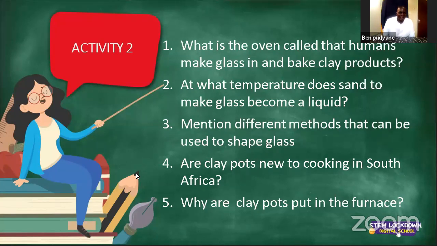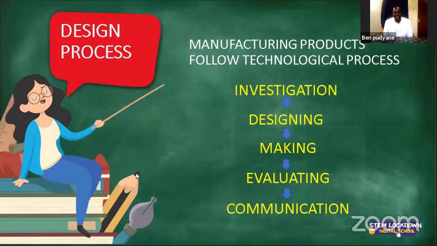So now let's come to the next slide. In this slide, we are going to learn about the design process, because when making products in industries, there is a particular procedure they follow. First of all, when they make any product, whether it's a car, a calculator, a cell phone, or any other product, they first undergo what we call investigation.